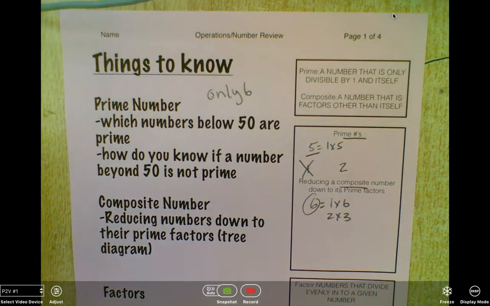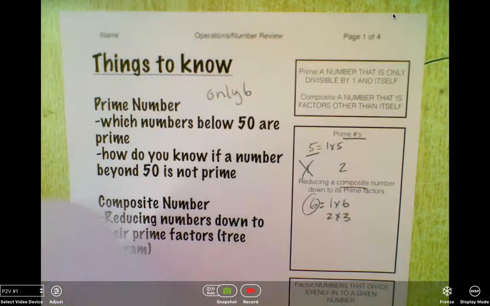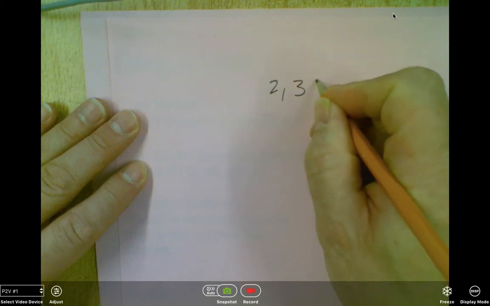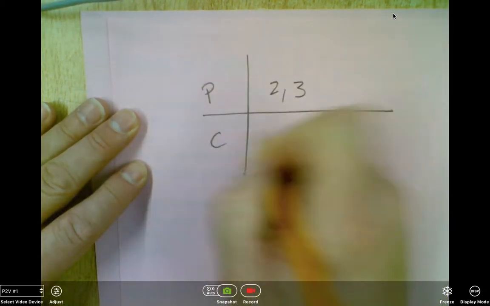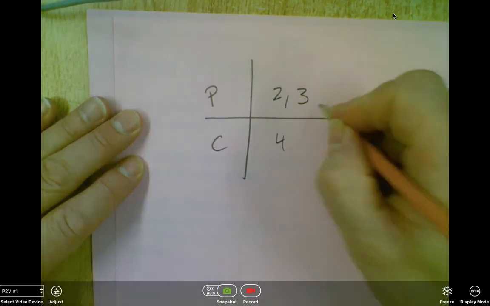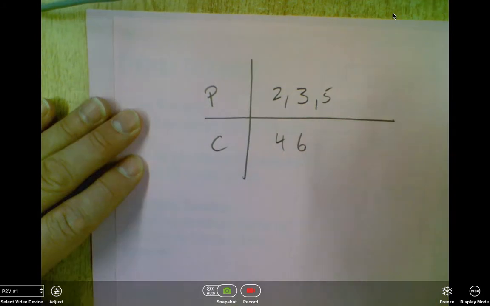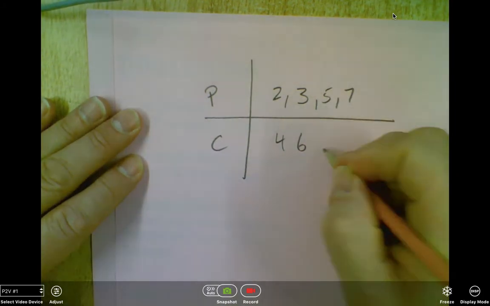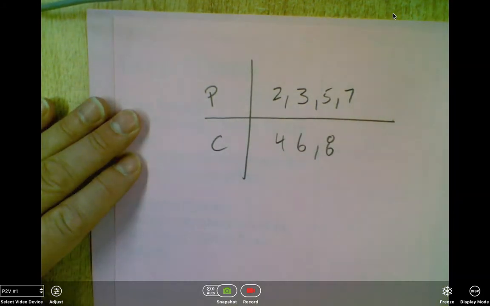Let's make a little list of what numbers we think are the prime numbers. So again, I start with 2. 3 works. 4 does not work. So let's put the prime numbers here and the composite numbers here. 4 is a composite number. 5 is a prime number. 6 is a composite number. 7 is a prime number. 8 is a composite number.